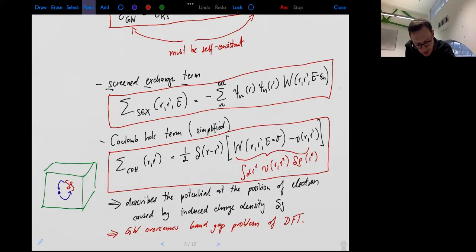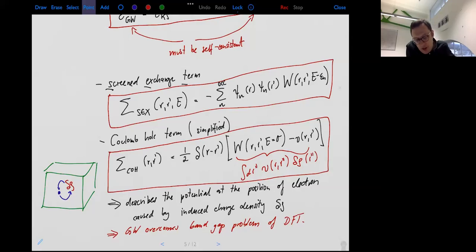The one is a so-called screened exchange potential, where basically what we have done is replace the bare Coulomb interaction in the Fock potential by a screened Coulomb potential. But then there's another contribution, which is known as the Coulomb hole term, which is a local term, a local potential within a certain approximation.